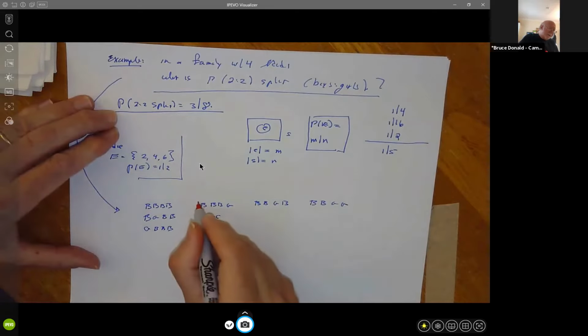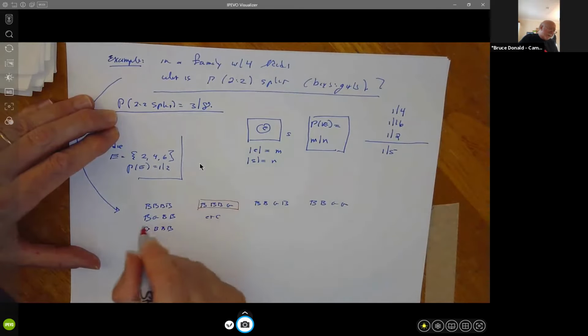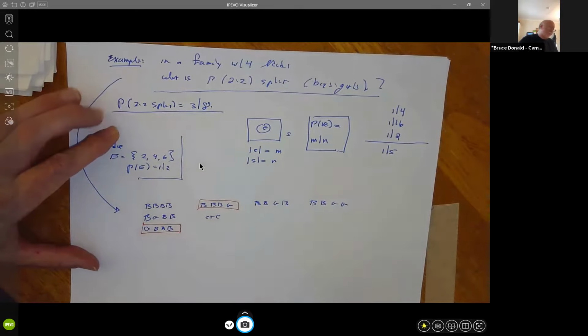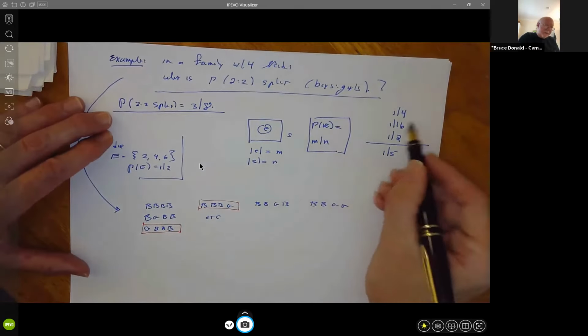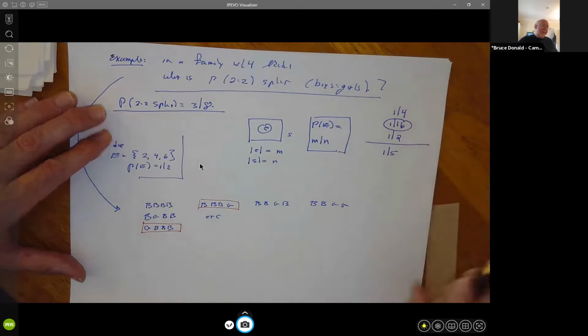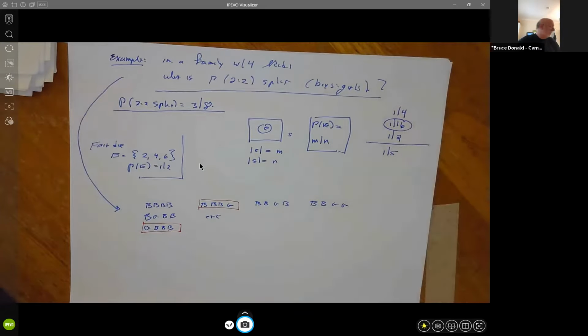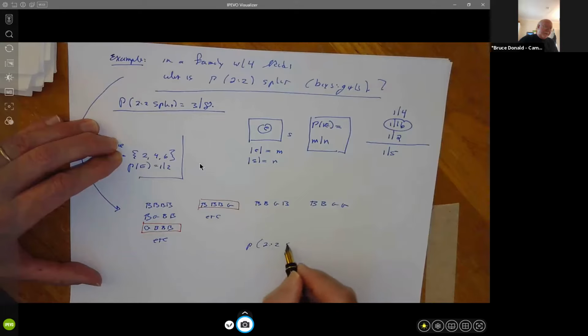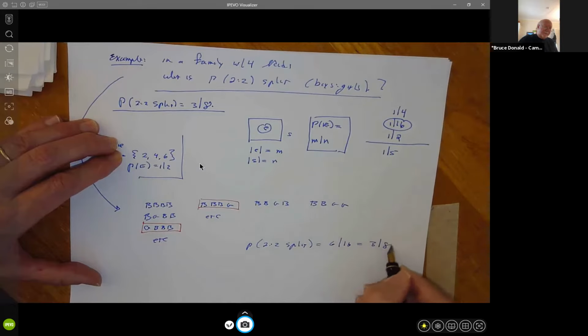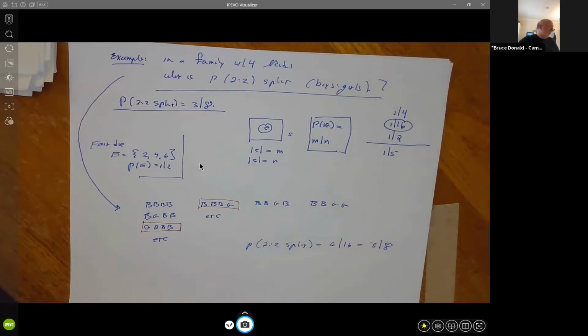And notice that in terms of counting things, these are the same counts for the split. If you fill out this table, there are 16 things here that you have to compute. But if you fill out this table, you'll find that the probability of a 2-to-2 split is equal to 6/16, which is equal to 3/8, if they're all equally likely.